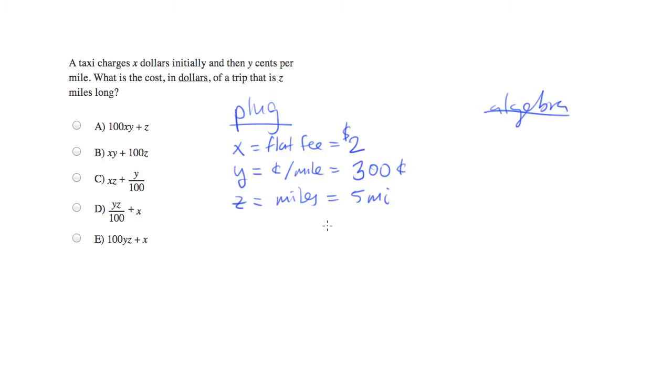So they want to know the cost of a trip. Well, the cost of a trip, and you've probably taken a taxi before, is you'll always have the flat fee. I'm going to add this up in dollars. Plus you'll have the charge per mile, which will be 300 cents.